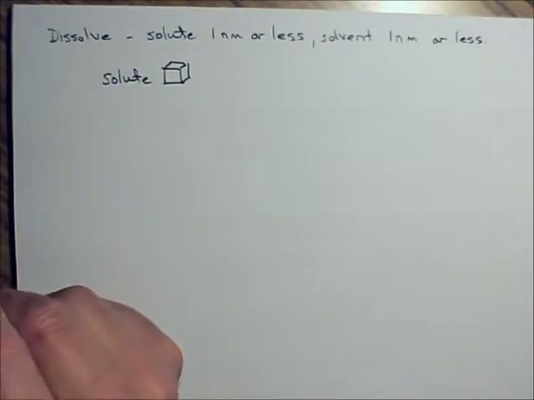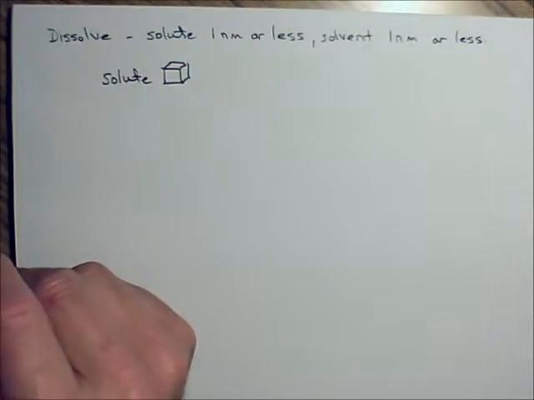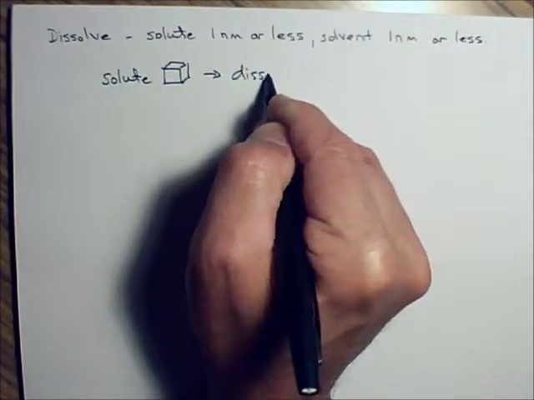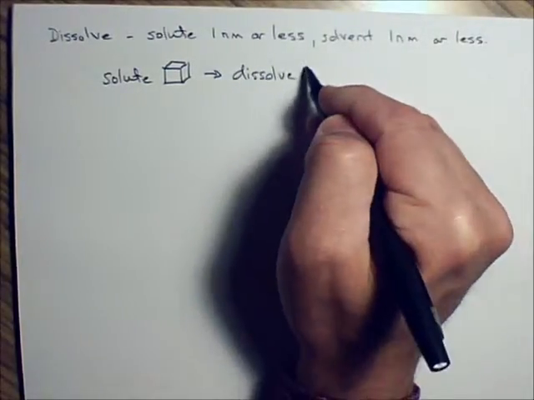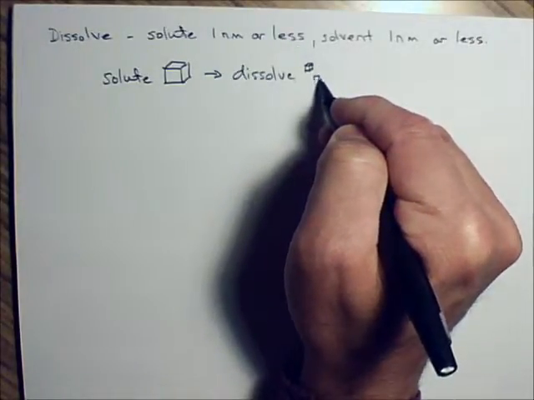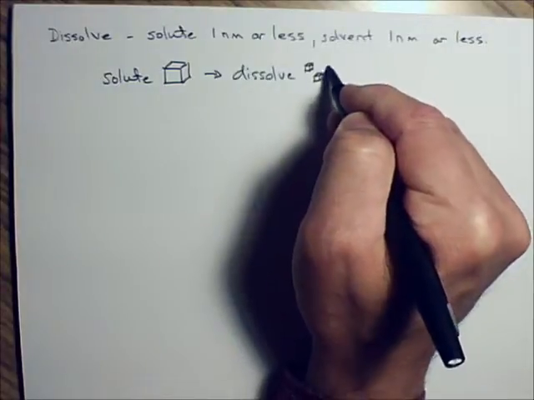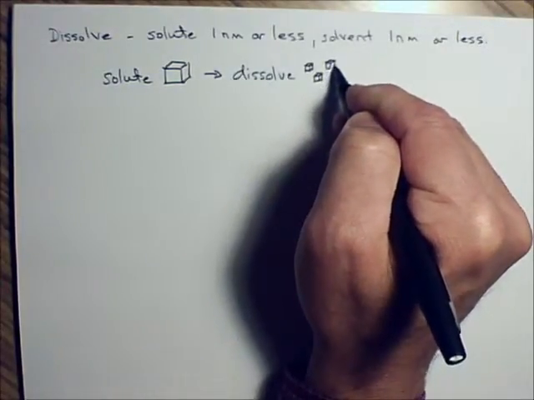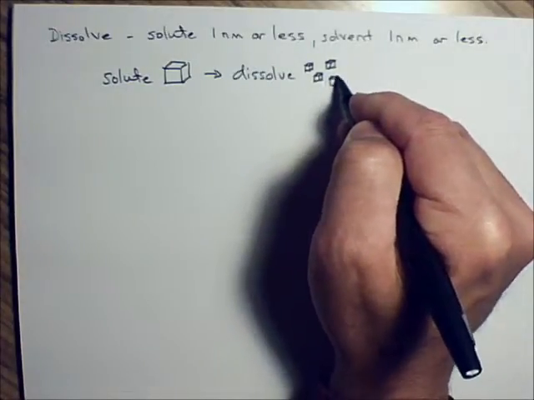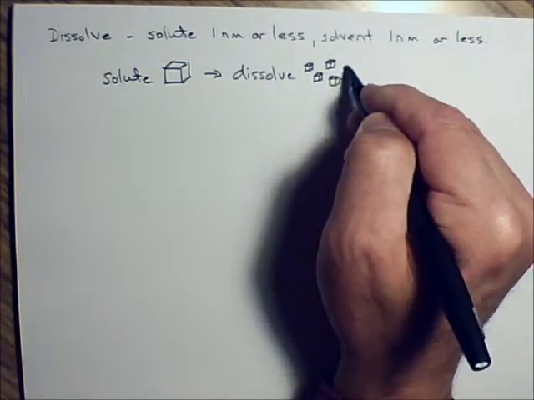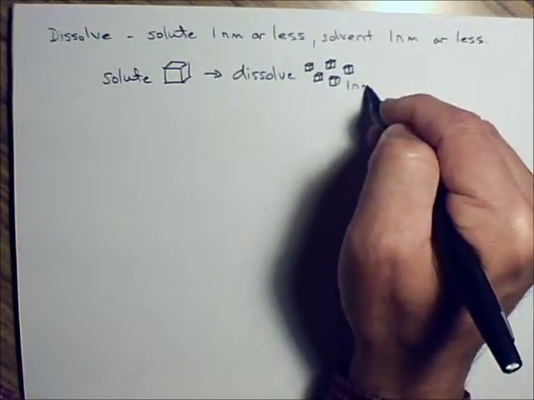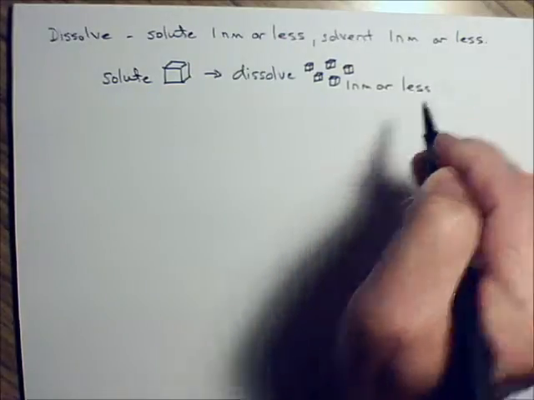I've made this like a box. But when it's dissolved, we have to have little tiny chunks that are at least the size of 1 nanometer or less.